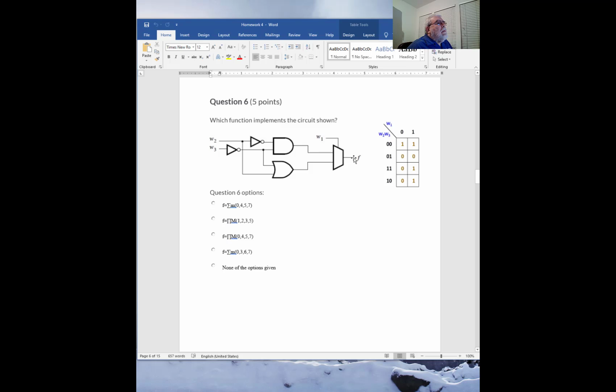We start with W0. W0 makes this upper side the input. So this is an AND with these two inputs.